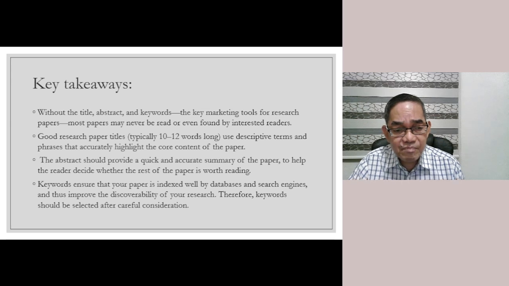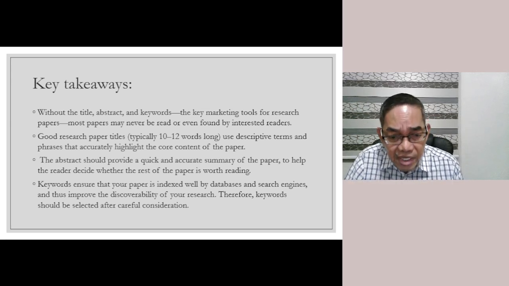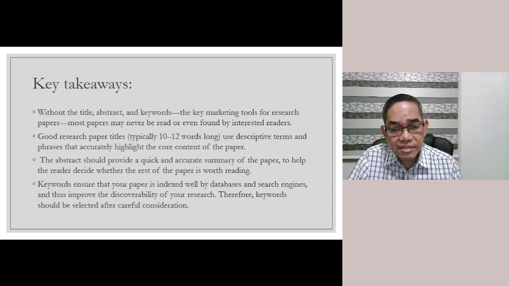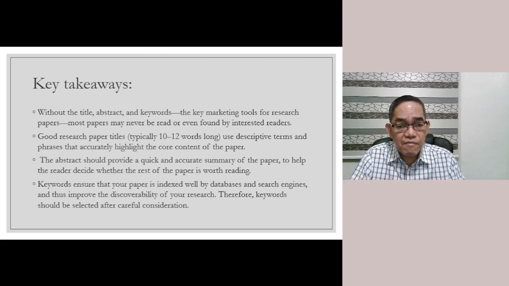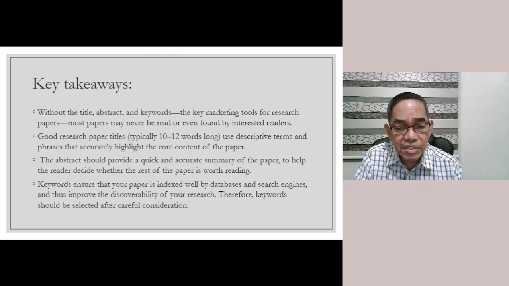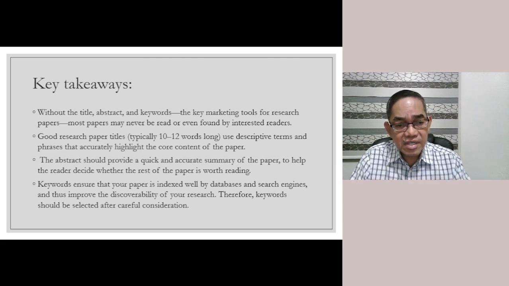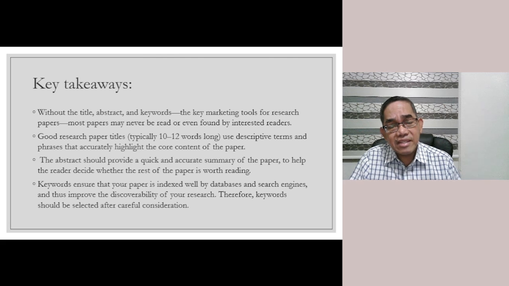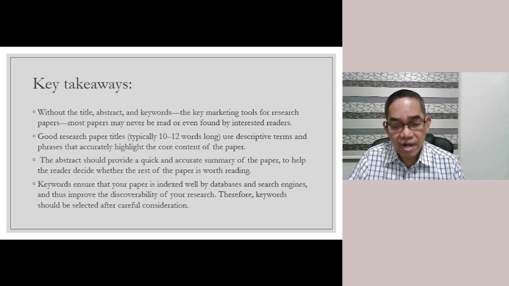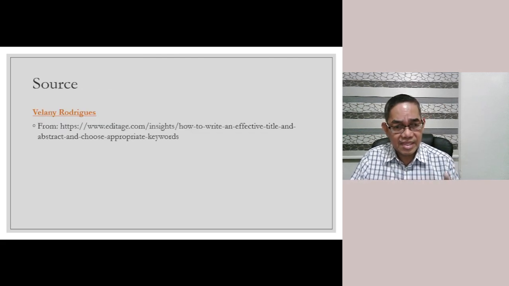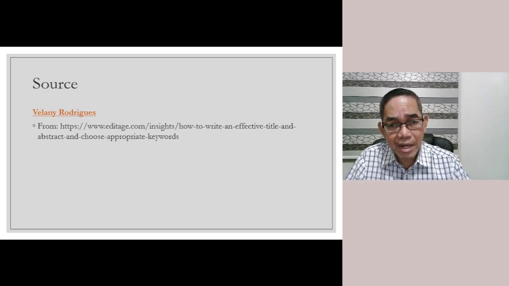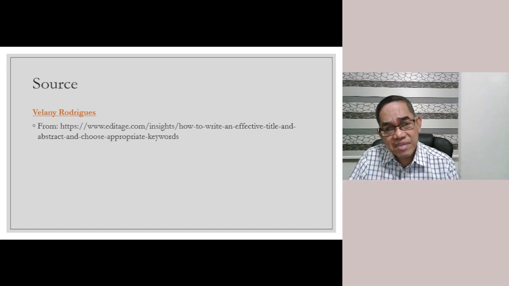And lastly, keywords ensure that your paper is indexed well by databases and search engines and thus improve discoverability of your research. Therefore, keywords should be selected after careful consideration. And this is my source, my reference for this lecture.